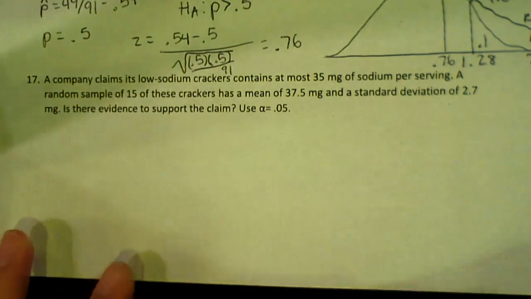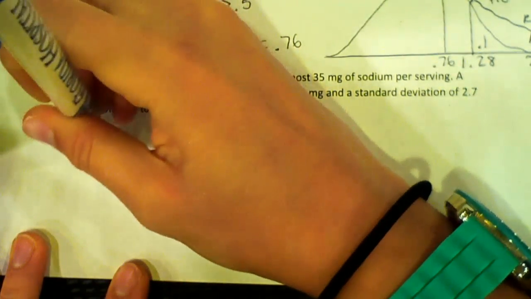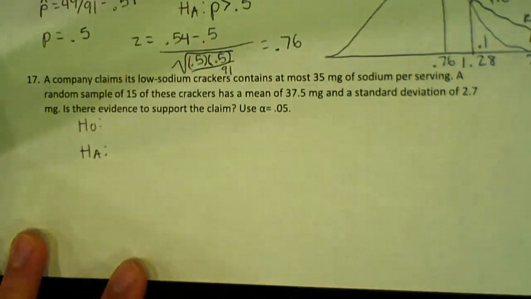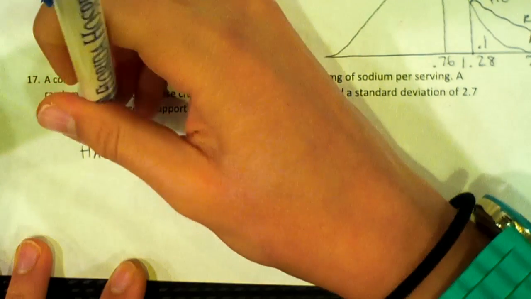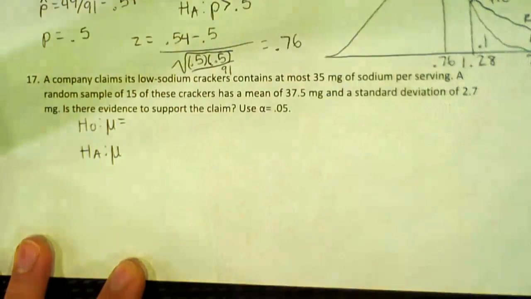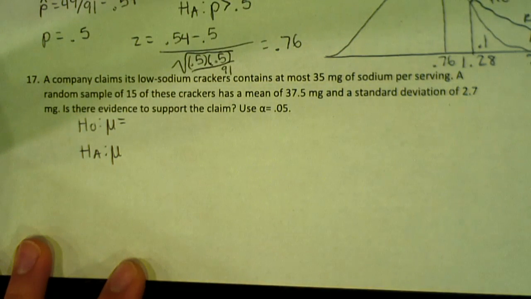Okay, so first thing, let's set up the null and alternative hypotheses. Are we looking at an average or a proportion? Average. And we know that this is going to be equal to, right? Equal to what? 35.